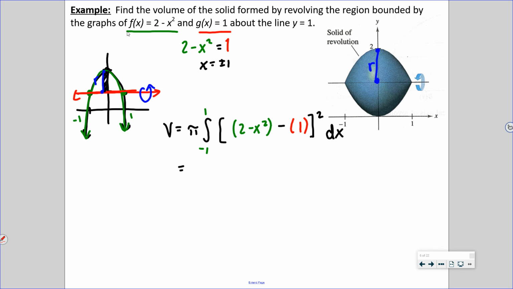All right, let's clean up this integral a little bit. So I wrote that negative x squared first. 2 minus 1 is positive 1. I have negative 1 for some reason. Okay. Square that.